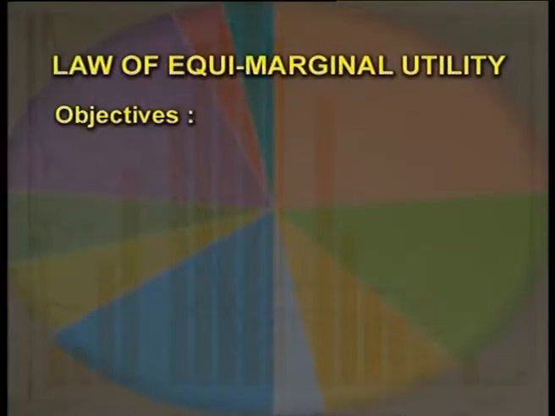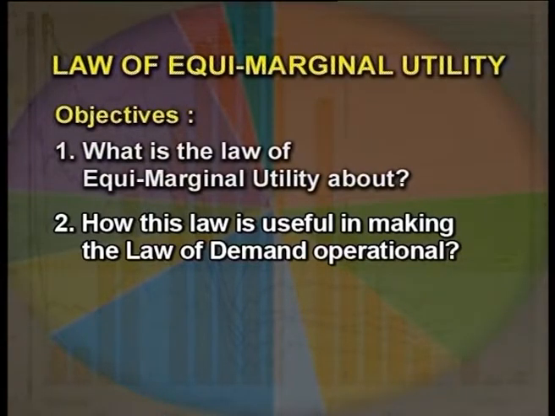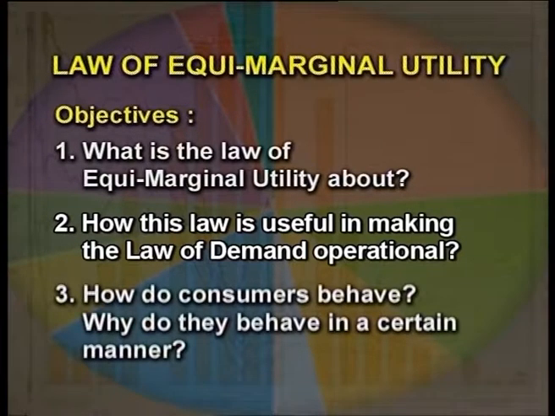Therefore, the objectives of this lecture today are, firstly, we would like to know what the law of equi-marginal utility is about. Secondly, we would like to know how this is useful in making the law of demand operational. And therefore, these two objectives help us to understand how consumers behave and why they behave in a certain manner.